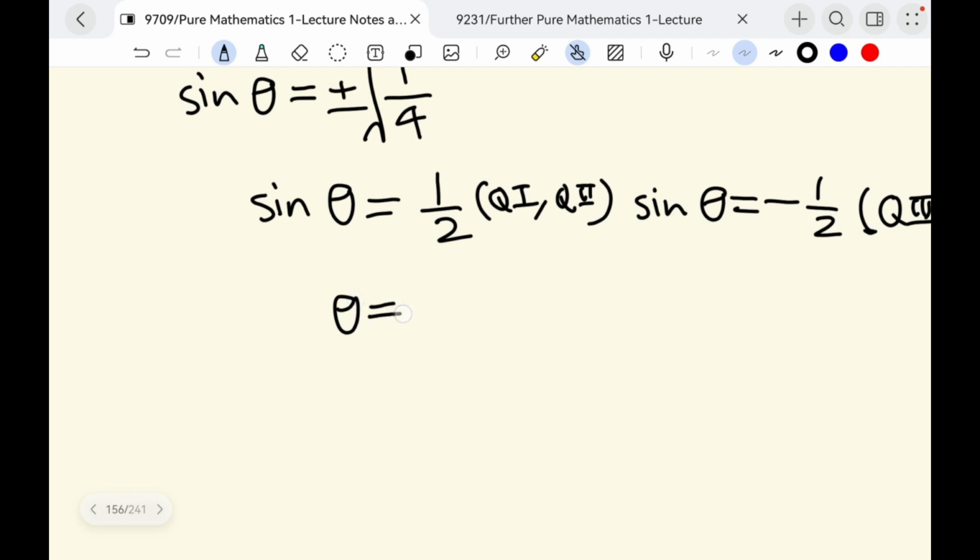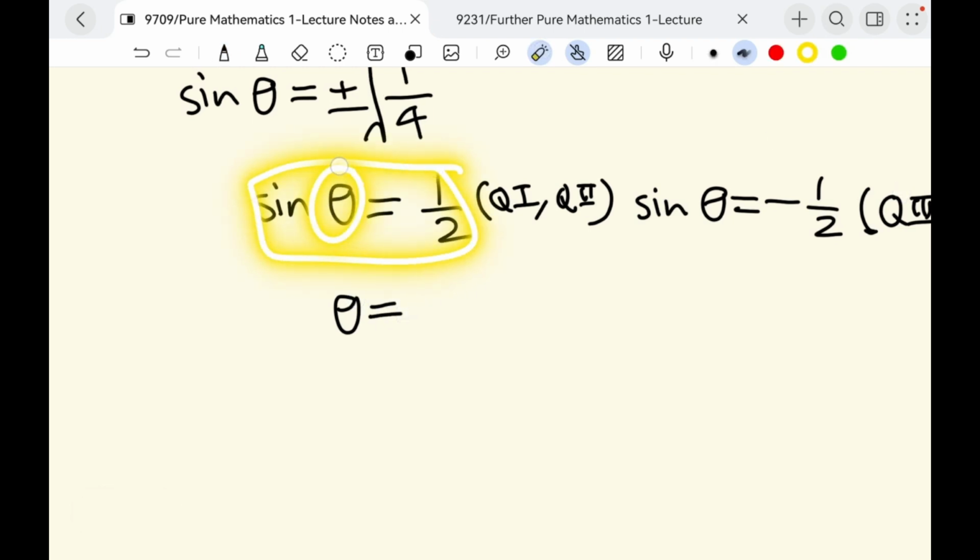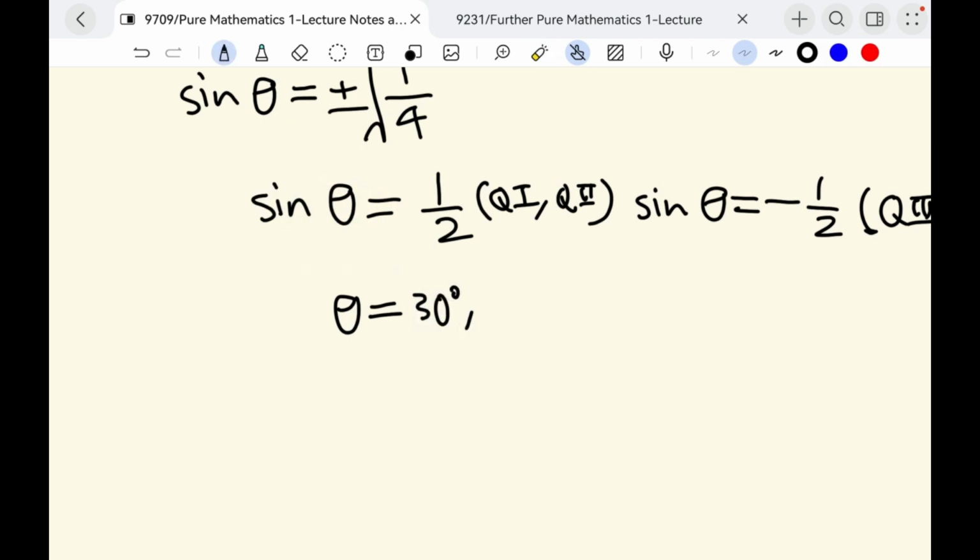So I assume that you know what is the exact value of the theta. For sine theta is 1 over 2, which is 30 degree. How to get the angle subtended for the quadrant 2, which is 180 degree minus 30.